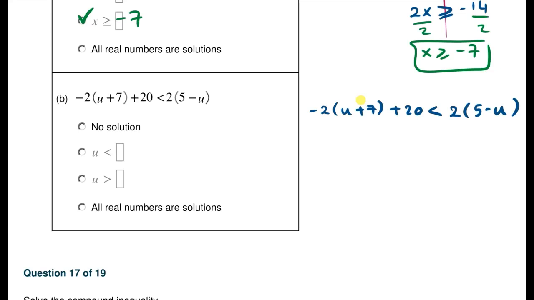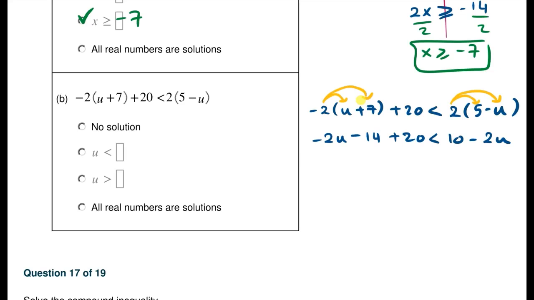That will give you negative 2u minus 14 plus 20 less than 10 minus 2u. Okay, then we're going to combine like terms. Negative 14 plus 20 is positive 6, less than 10 minus 2u, and bring down negative 2u plus 6.